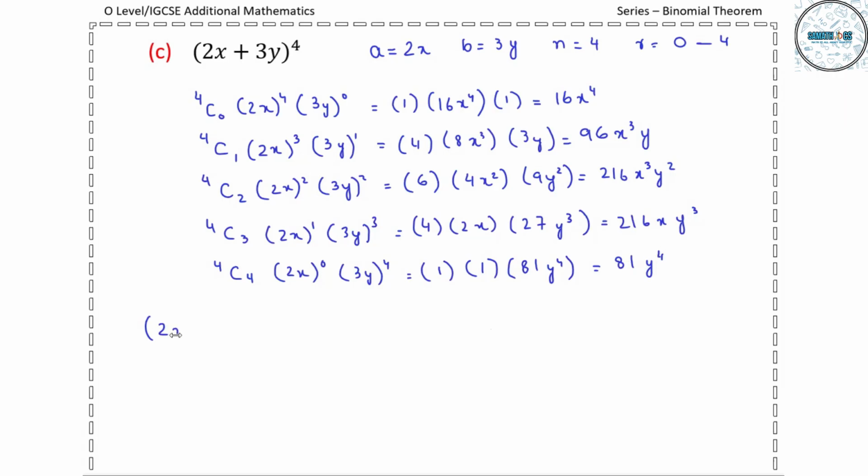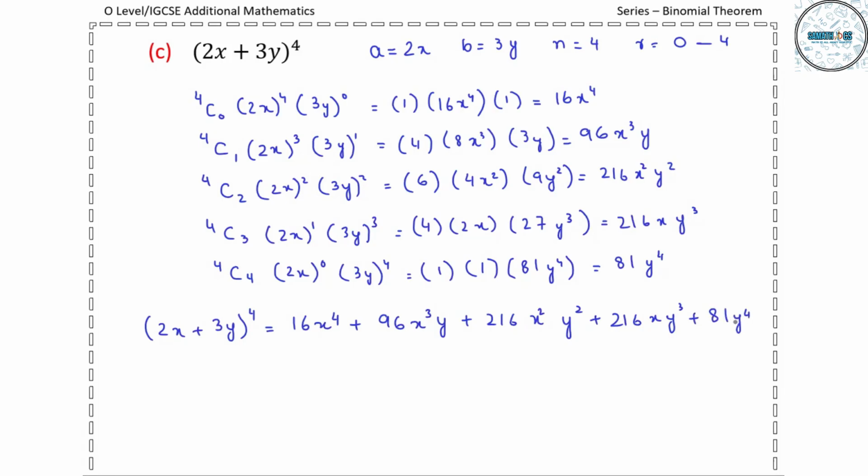So 2x plus 3y with power 4 is equal to 16x power 4 plus 96 x power 3 y plus 216 x square y square plus 216 xy cube plus 81 y power 4.